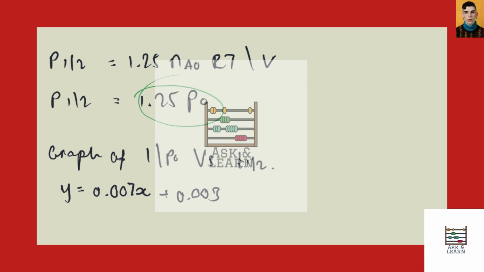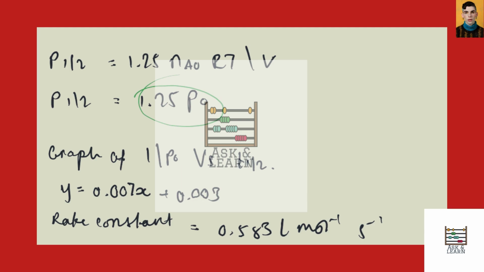With the slope, we can calculate K at 1015 Kelvin. So at 1015 Kelvin, the rate constant is equal to 0.583 litres per mole per second.